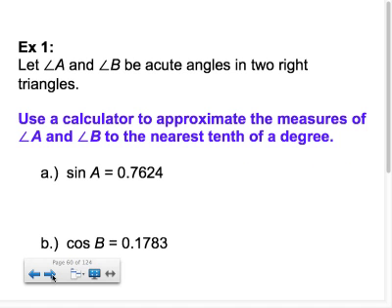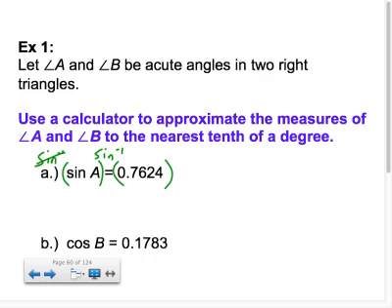Example 1 says let angle A and angle B be acute angles in two right triangles. Use a calculator to approximate the measures of angle A and angle B to the nearest tenth of a degree. All you need to recognize here is that if I know the sine of A equals that, then to get A by itself I have to take the inverse sine of both sides. By the way, when you do the inverse sine it always goes out in front.